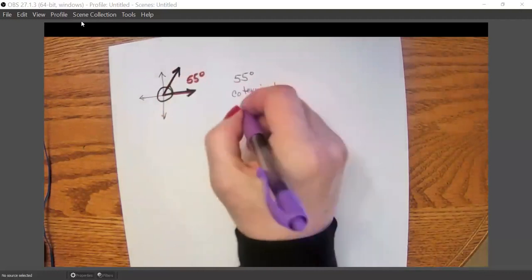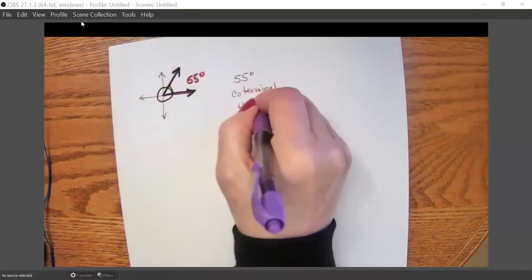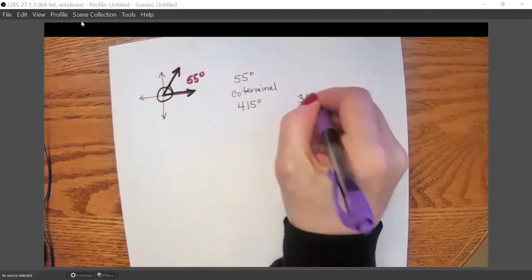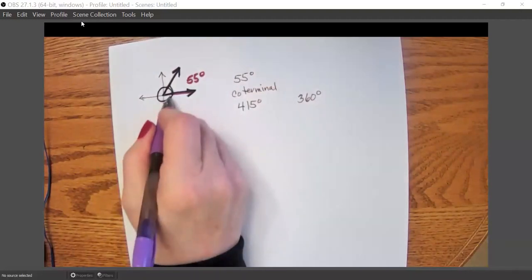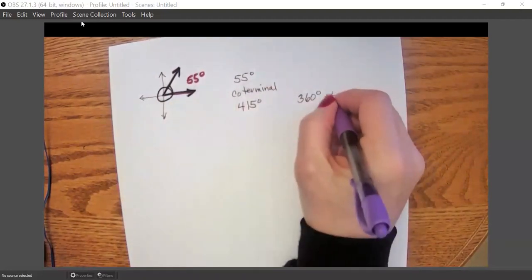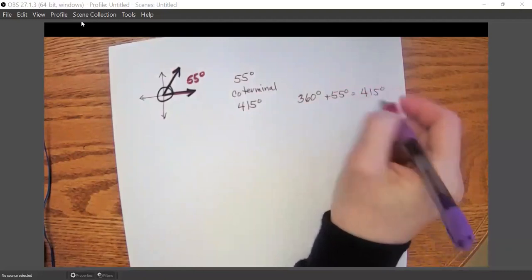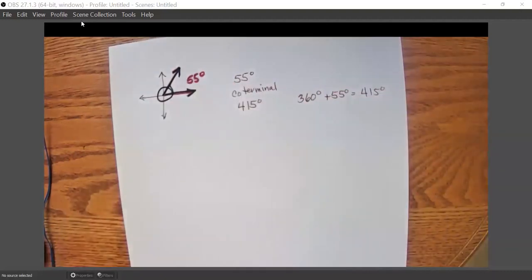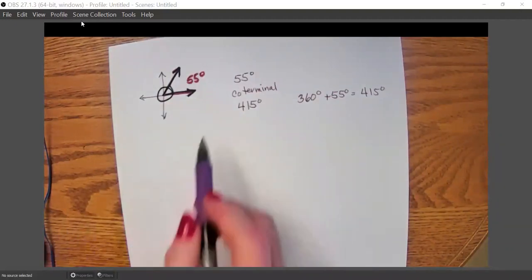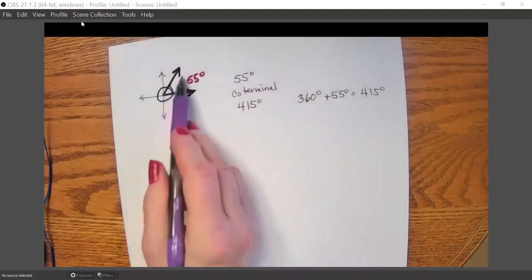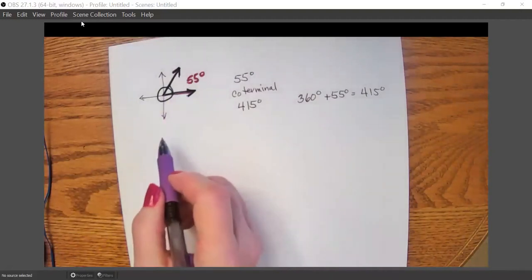These are considered coterminal angles. So 360, one time around the circle, and then an additional 55. A 415 degree angle and a 55 degree angle are considered coterminal. They have the same initial side and they have the same terminal side.